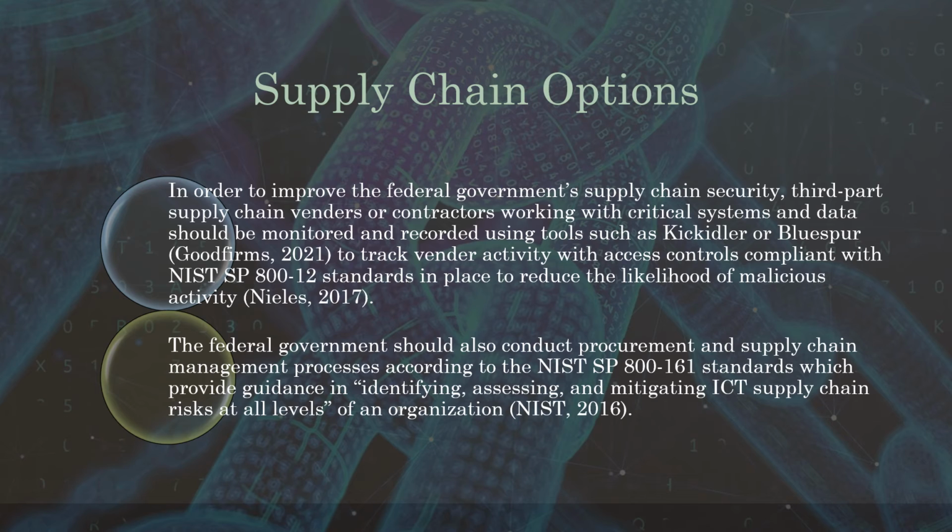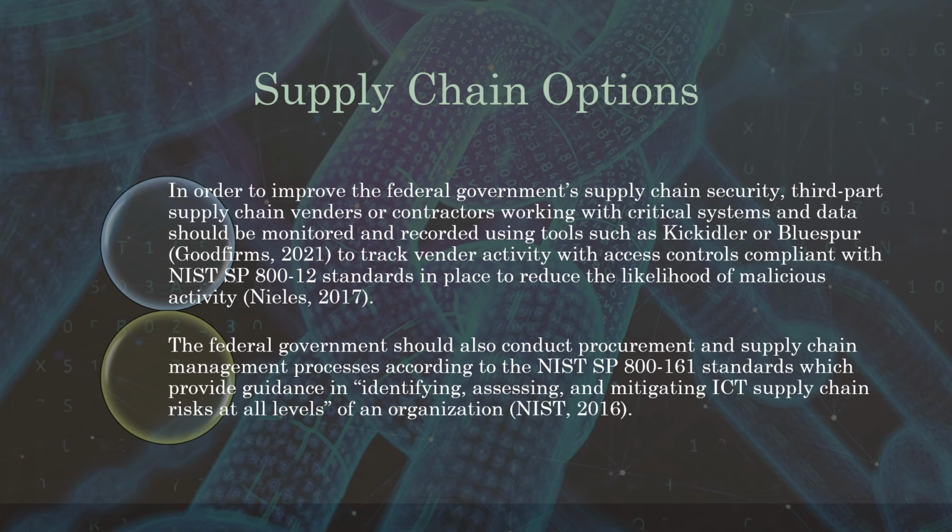How do we mitigate these supply chain risks, right? What are our options regarding supply chains and our business dealings with this huge network of companies all around the world? How do we handle that?